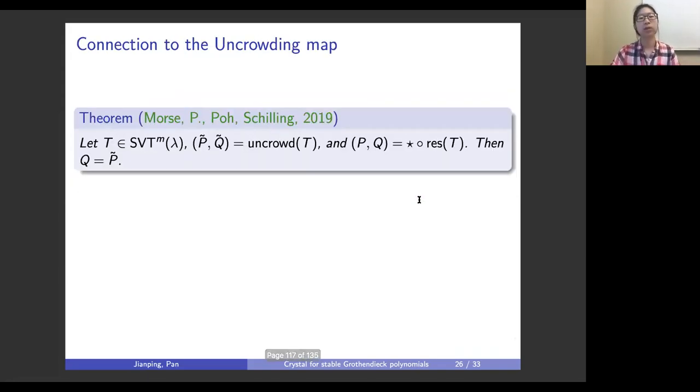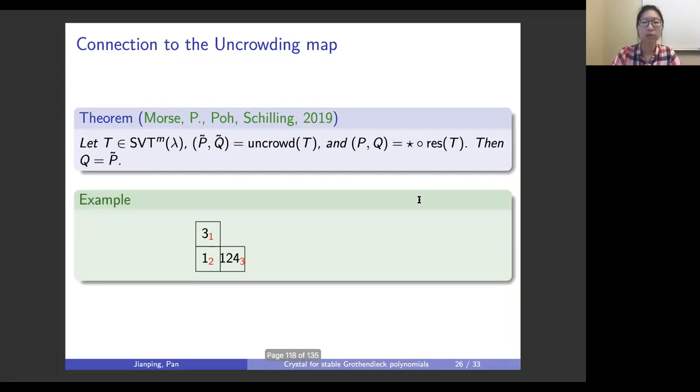And the interesting thing is that, remember, we've defined the star insertion and the residue map. There is an interesting association to the uncrowding map. So we start with a set-valued tableau, and we can perform the uncrowding. So the 4 goes up, then the 2 bumps the 3, so we get a semi-standard Young tableau here. And on the right, we can perform the residue map and get a Hecke decreasing factorization.